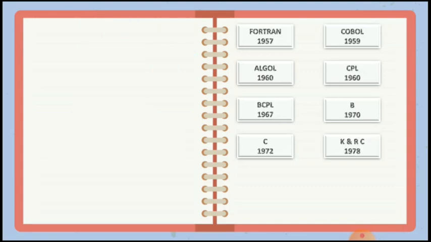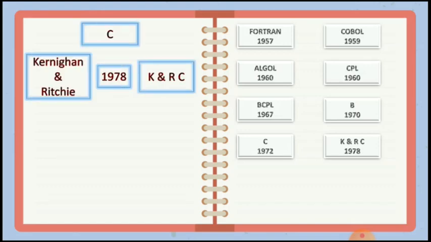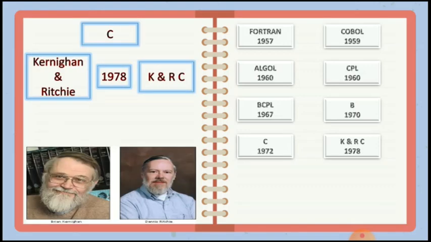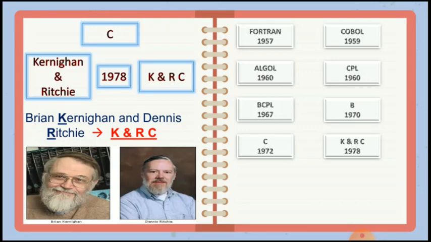So looking at the popularity of C language, Brian Kernighan and Dennis Ritchie wrote a book together on C programming language in 1978, and the name given is K and R C. K and R taken from both the scientists' names and C from C language.